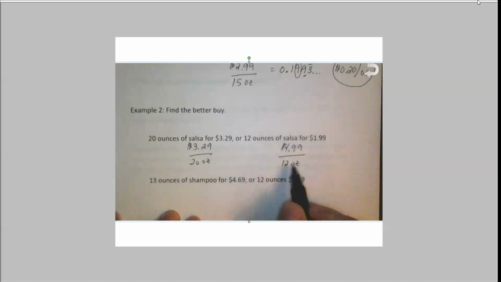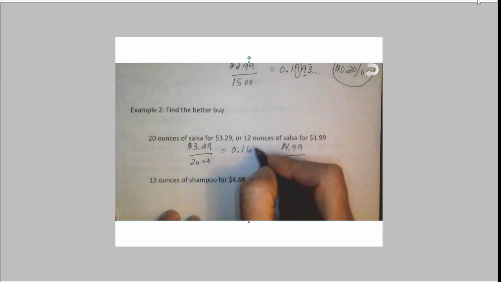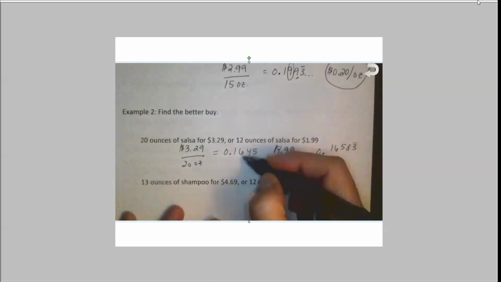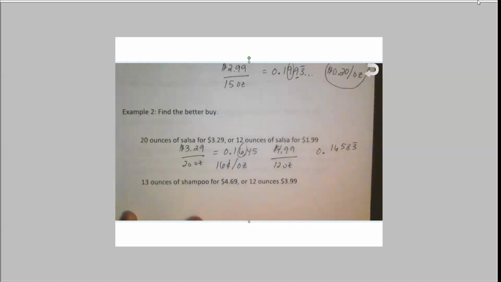So I'm going to do my division. This decimal comes out to be 0.1645, and this one comes out to be 0.16583, and that 3 keeps going. So once again, this is money, so I'm going to have to round to the nearest cent. The number right behind it is 4 or less, so you let it rest. That's going to be 16 cents per ounce of salsa.